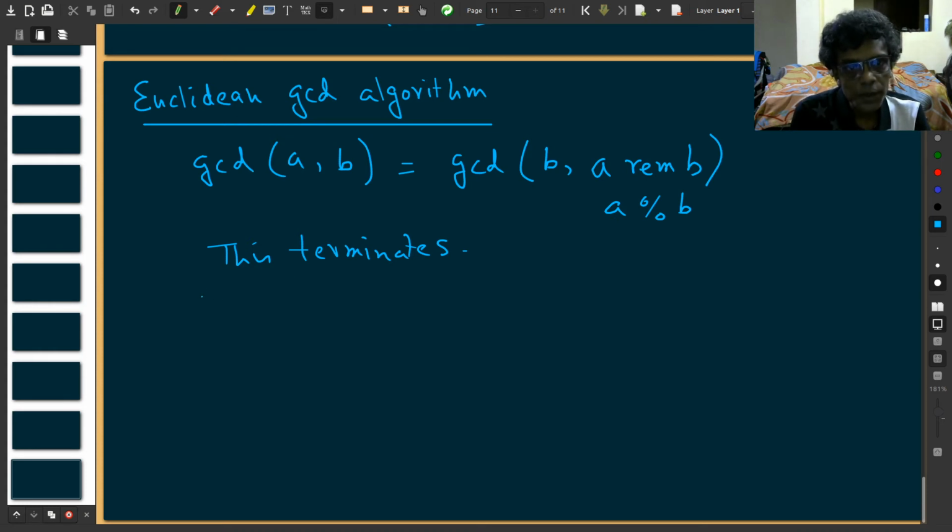So maybe we investigate what is the best running time of this Euclidean GCD algorithm. Let us not worry too much about this. I just mention an interesting result.